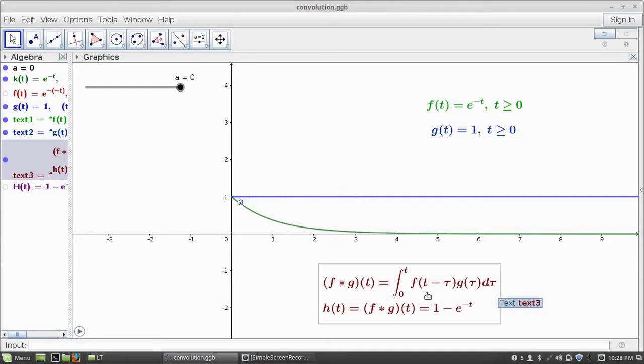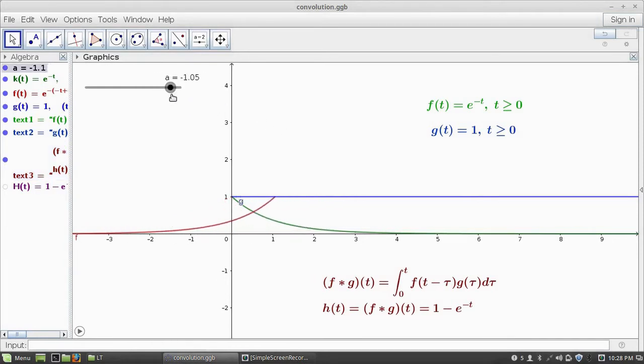In the computation of f star g of t, one function is flipped and translated and multiplied with the other function. See here we are flipping the first function f(t), and this is the flipped version of f(t). We can translate this flipped function over the second function. So this is the translation.